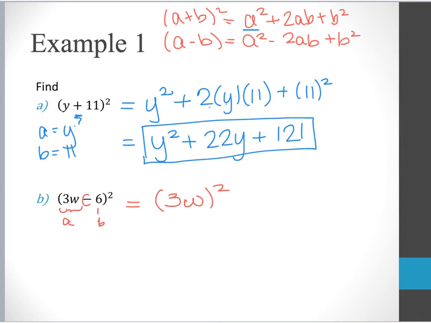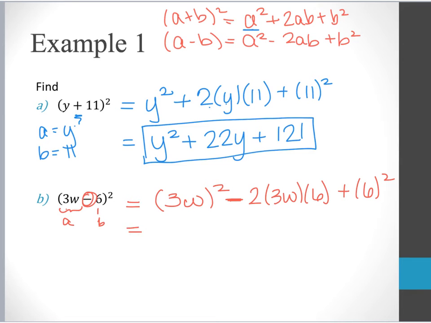Because I'm subtracting here in the middle, that means my second term is going to be subtracted. I'm going to go 2 times my a value, which was 3w, and my b value, which is 6. You don't have to worry about the negative because we're already accounting for that here in this negative sign. And then my last term is always going to be a positive, and I have a b value of 6, and I'm going to square that.